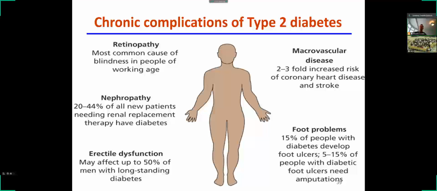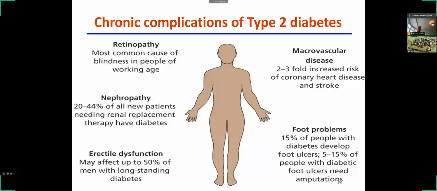In addition, you have a 2 to 3-fold increase in coronary heart disease and stroke due to macrovascular disease. Secondly, you have an increase in nephropathy, with 20 to 40% of all new patients needing renal replacement therapy that have diabetes.